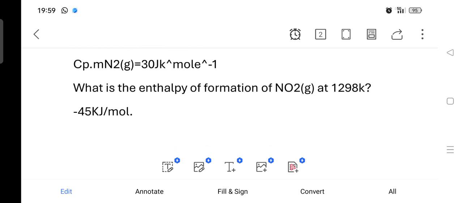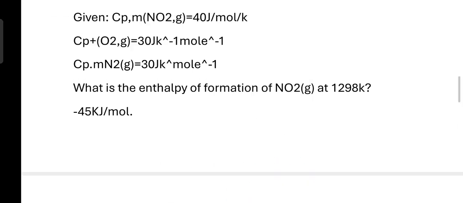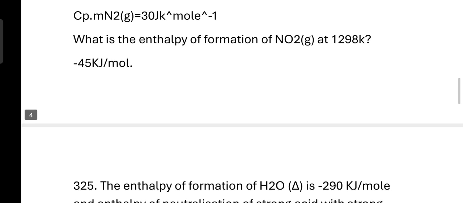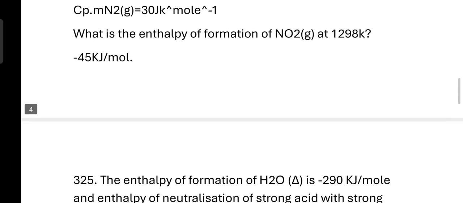What is the enthalpy of formation of NO2 gas at 1298 K? Minus 45 kJ per mole.